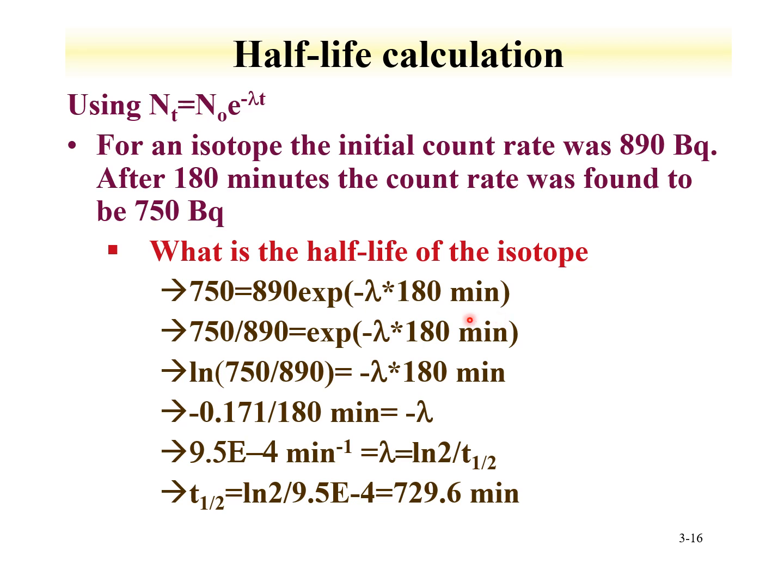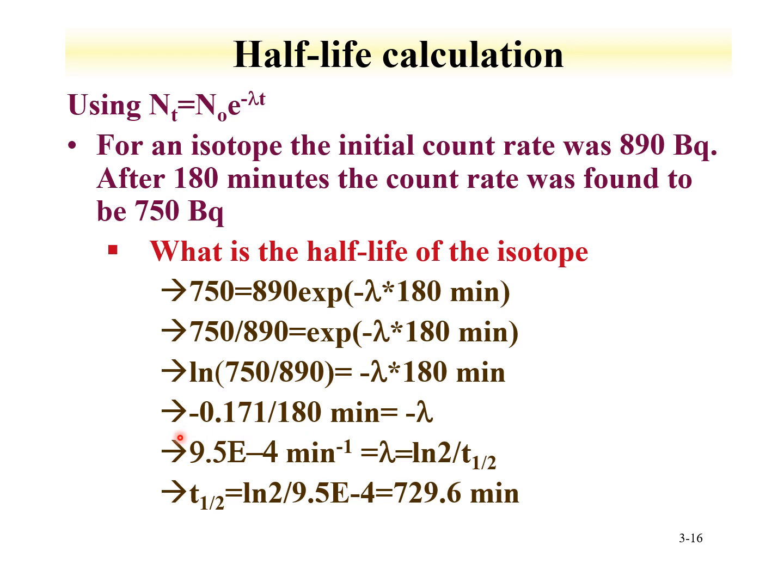Well, activity at a given time is equal to activity initial e to the minus lambda t. Solve for lambda. We get lambda, and it's in minutes because we're looking at minutes.